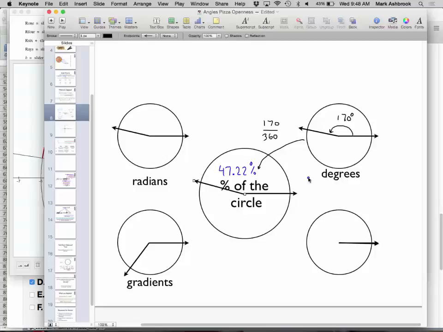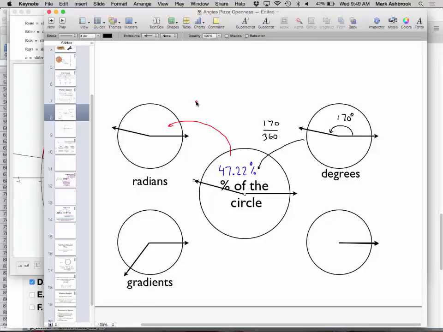Now if I want radians, I'm going to take 47.22% of 2 pi, of whatever a full circle in radians is.